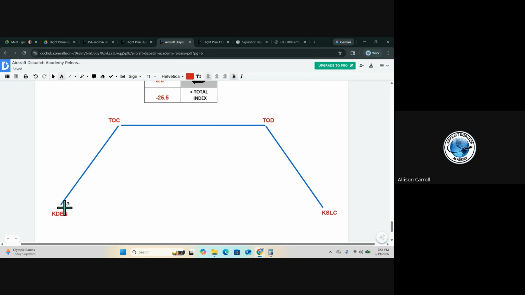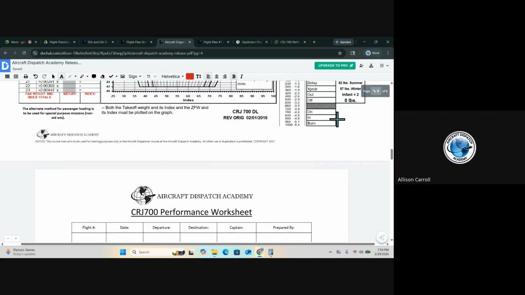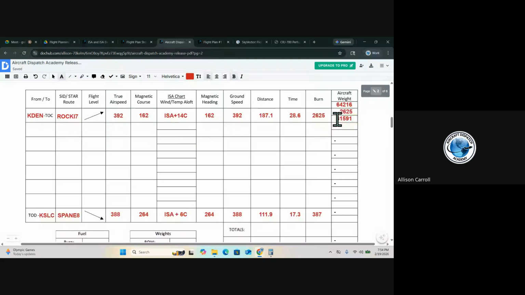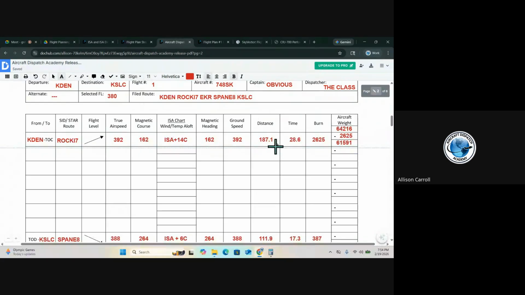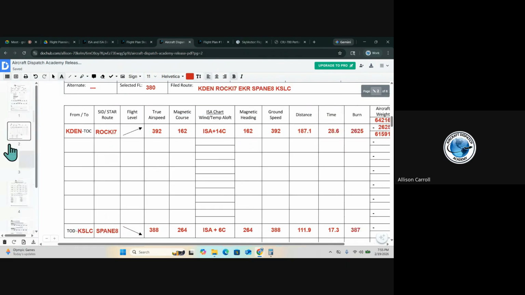Now, with my climb, guess what? I already have that distance. Remember, I came into my performance charts and I already got that distance right here. So Denver to top of climb is 187.1.